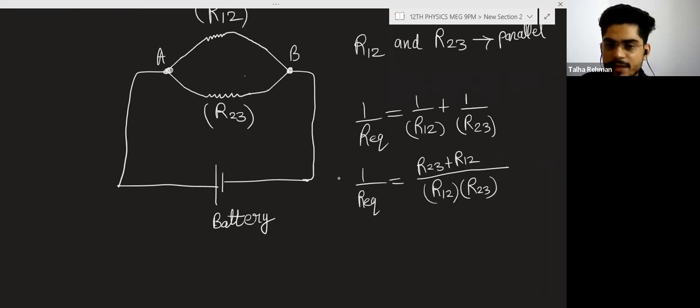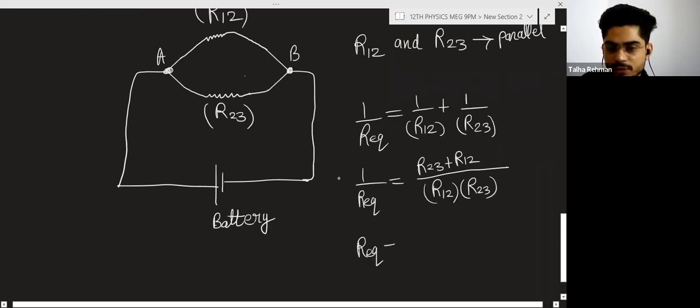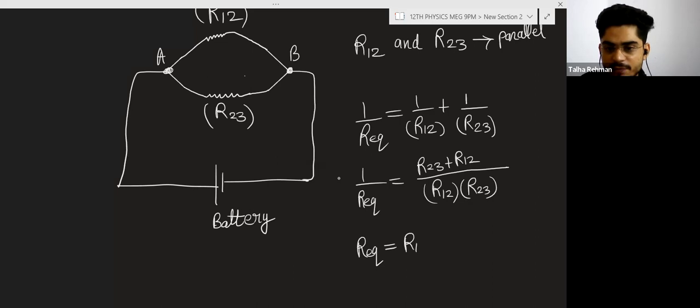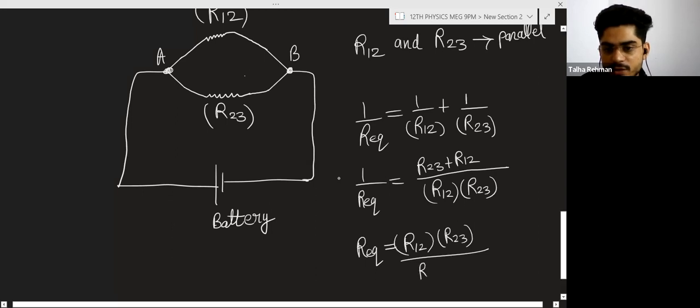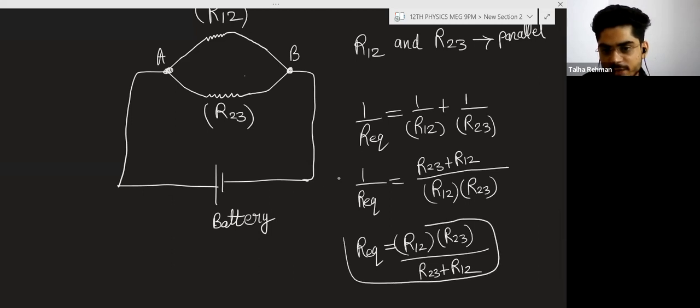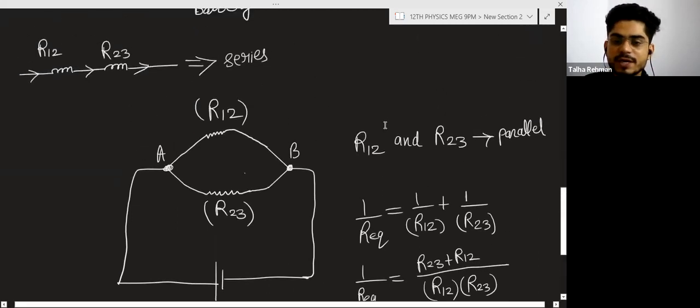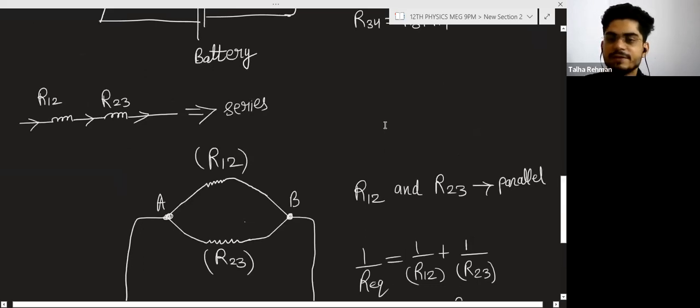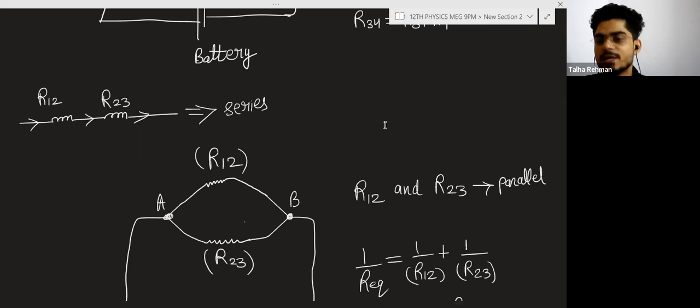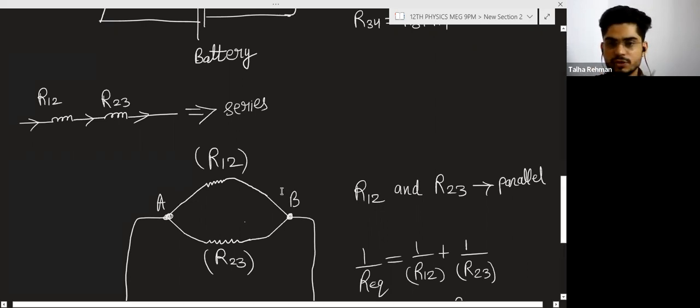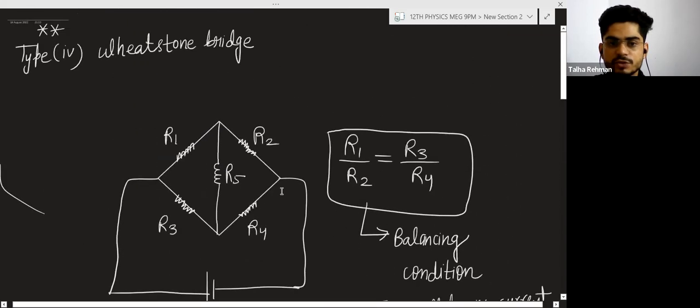So R equivalent, when you take the reciprocal, you will get R12 R23 divided by R23 plus R12. This is the answer. And what is R12? Equivalent resistance of resistance 1 and resistance 2. And R23 is the equivalent resistance of resistance 2 and resistance 3. Okay, Hamza? So this is the way to solve the Wheatstone bridge.